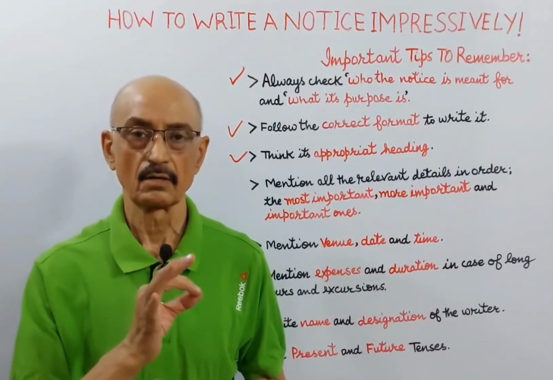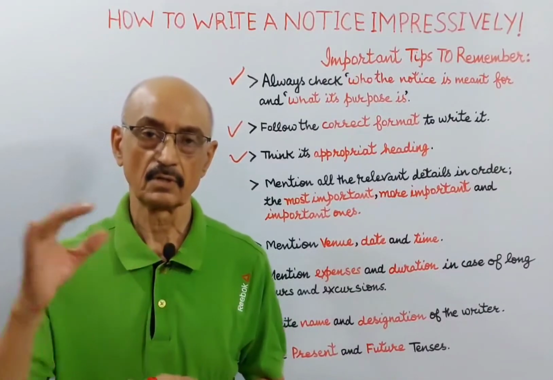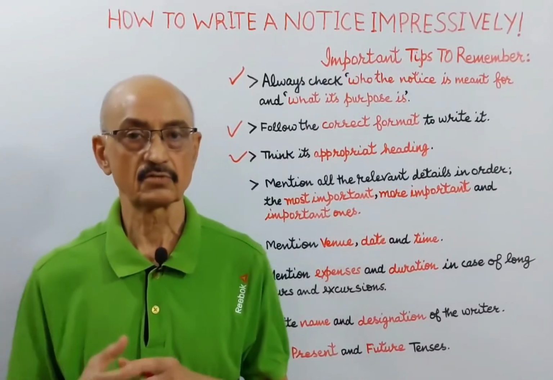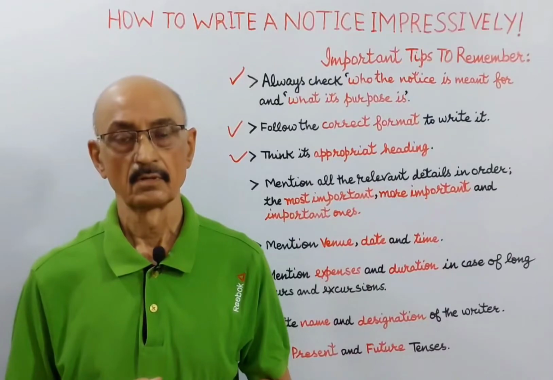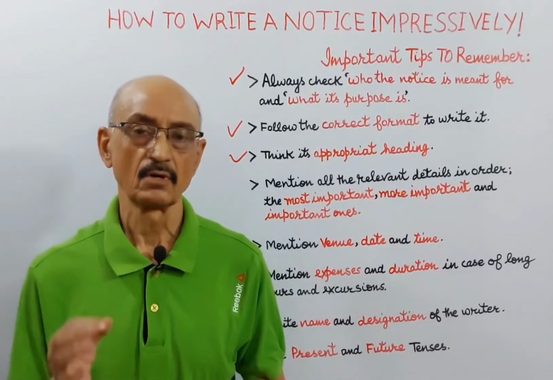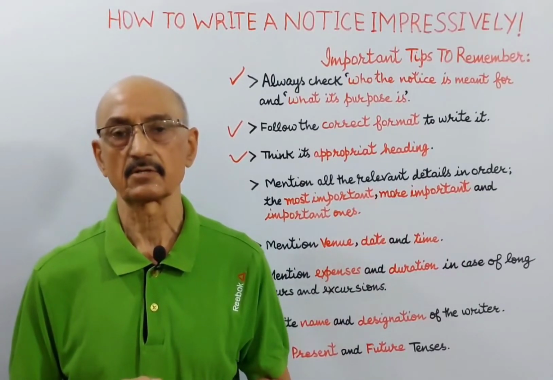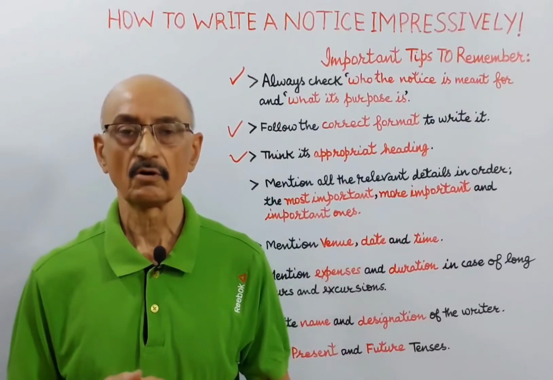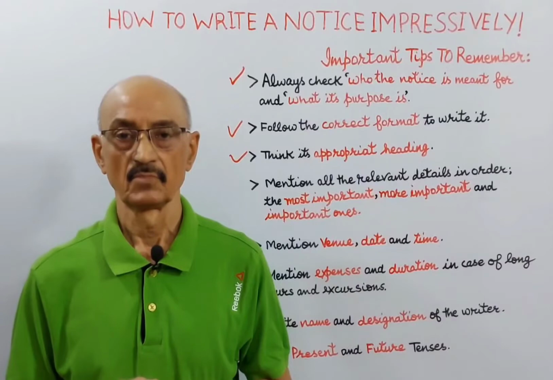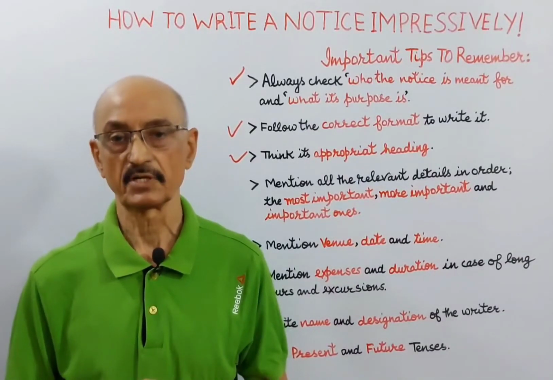You say lost a wallet, found a wallet, found a wristwatch, lost a water bottle, like this I mean. This is not correct at all. So, always conceive a good heading. If you can conceive a catchy one, it is much better.